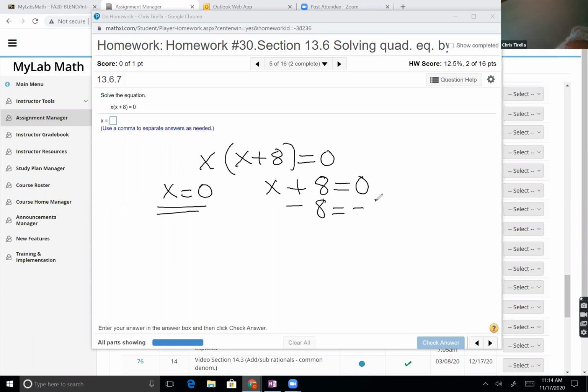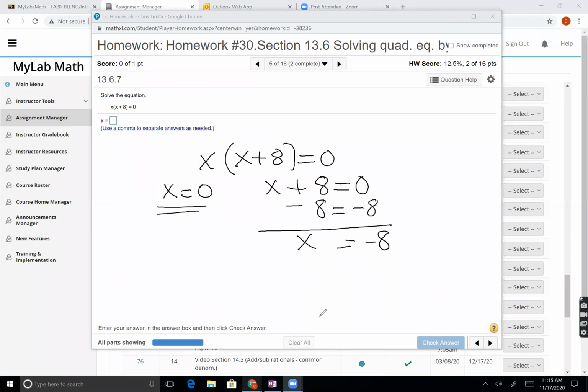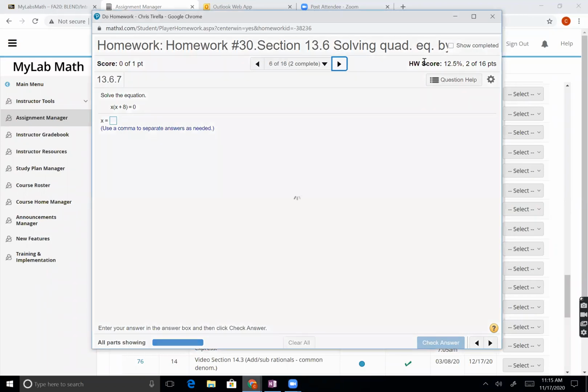And then solving on the other side, we'd get our second solution to be -8. That went all right. This one again is already factored. We'll set each factor equal to 0.